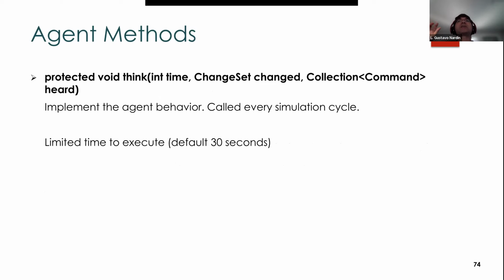Why is that? Because at each simulation cycle, the think method is called by the kernel. So the think method is called every cycle, and it has a limited time of 30 seconds. Oh, sorry, it's not 30 seconds.